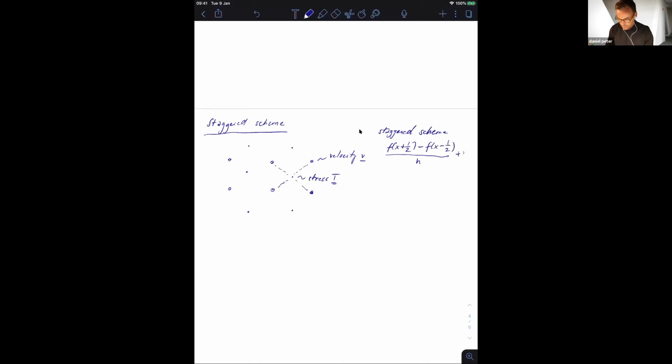This is second order. And then again, you can increase the stencil, like what we did above for fourth order, for example.